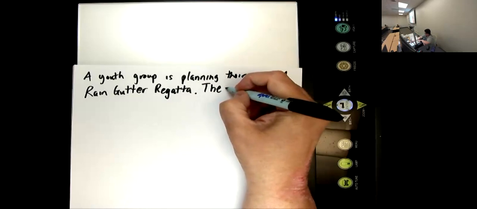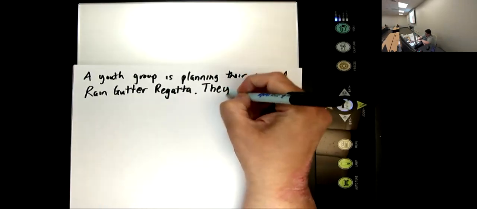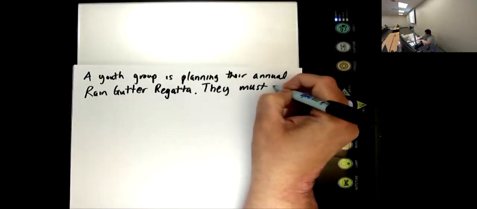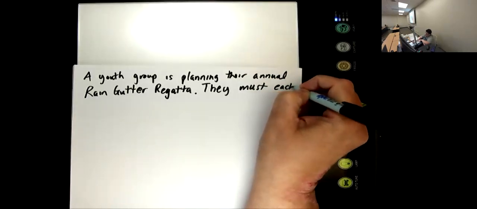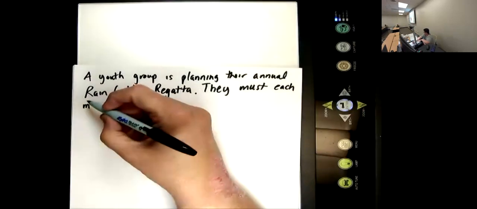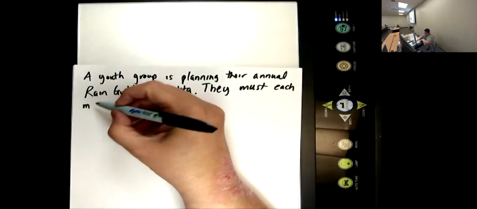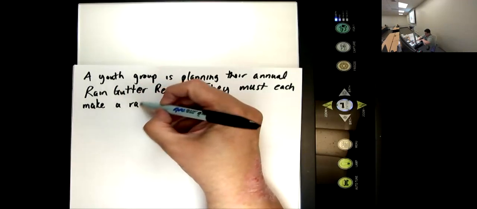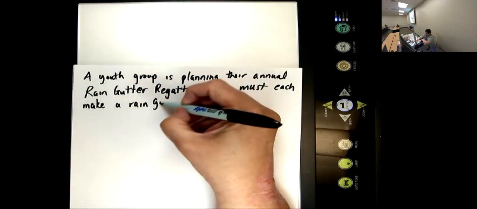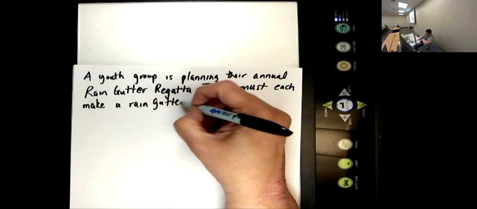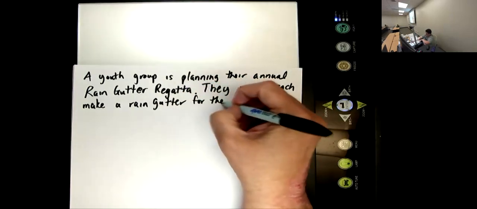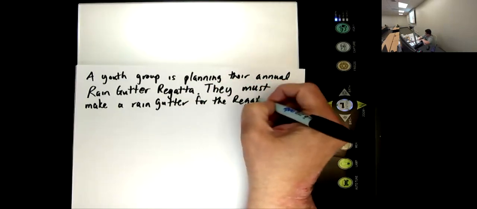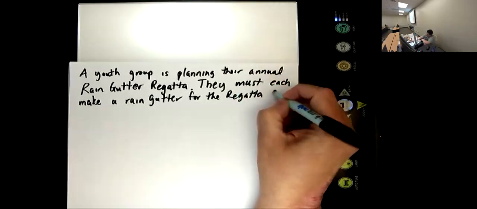Why would a youth group do this? They must each make a rain gutter for the regatta from a piece of sheet metal.